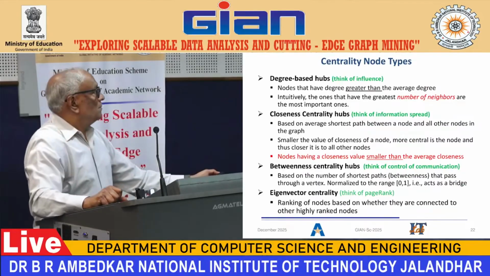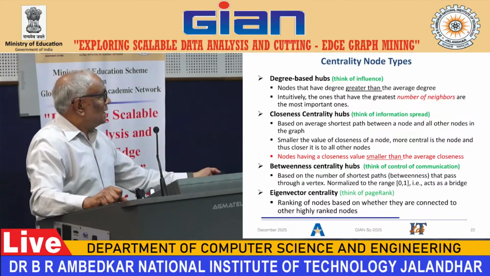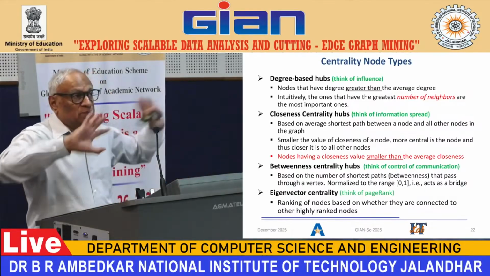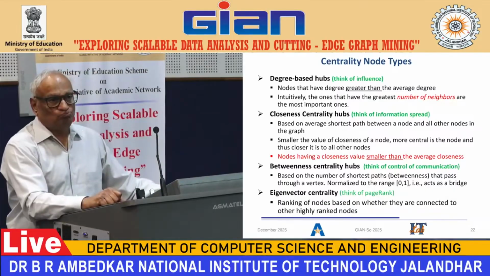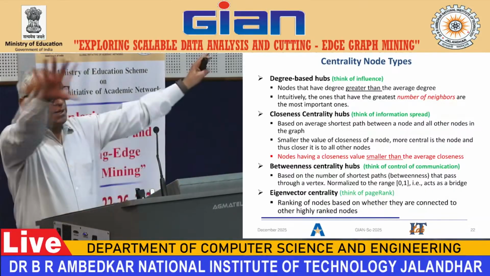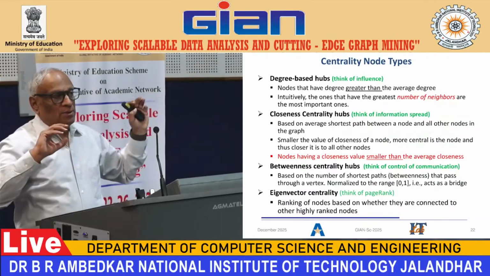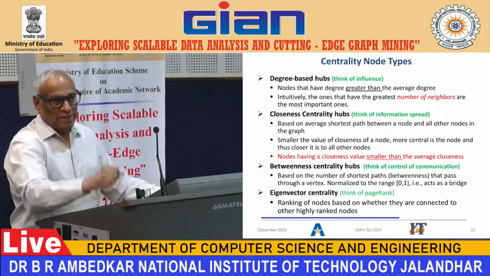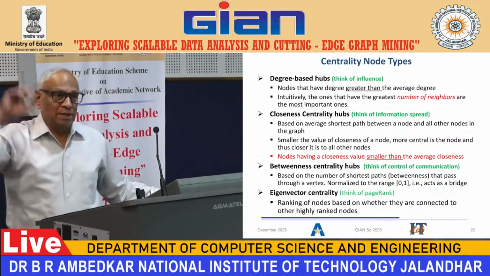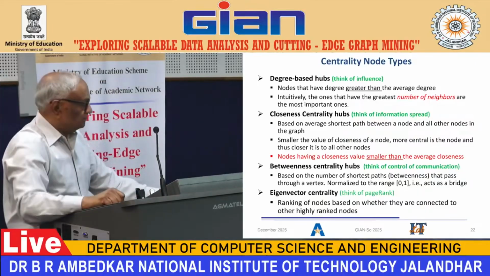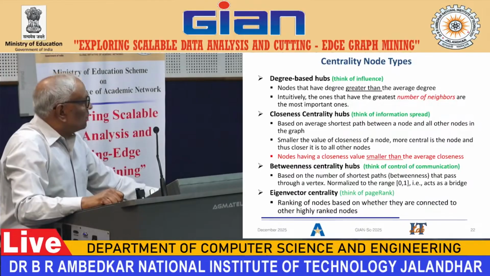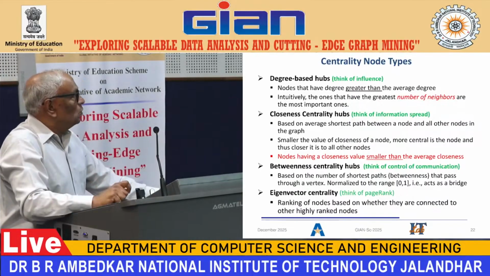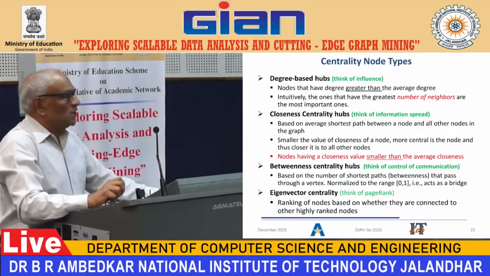And why? Because the average shortest path between a node and all other nodes in the graph, that means it's like a broadcast. This person can broadcast to a lot of people with the least number of hops. Whereas if you take the degree, that may have to go through a large number of hops. Smaller the value of closeness, more central is the node, and thus closer it is to all nodes.